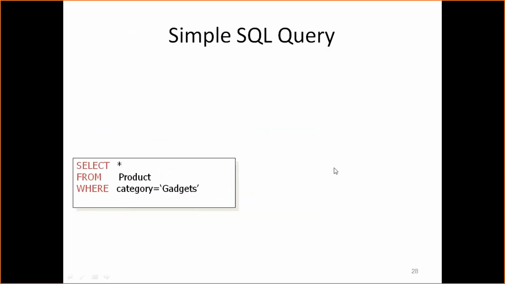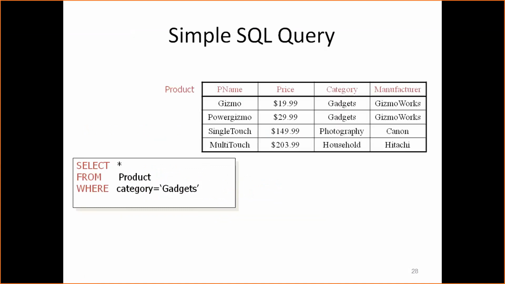Okay, look at a simple example here. Select star, where star represents all columns, from product, where the table name is product, where category equals gadgets. So let's say this is a table. We are saying you select all the columns from this product table where the category value is gadgets.